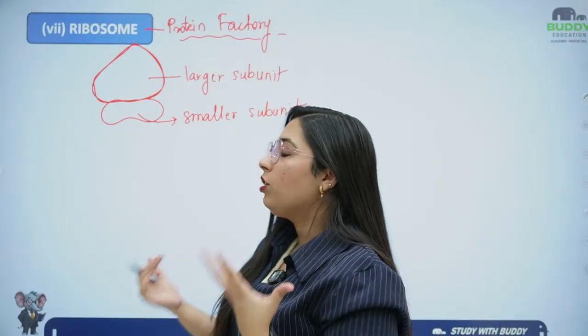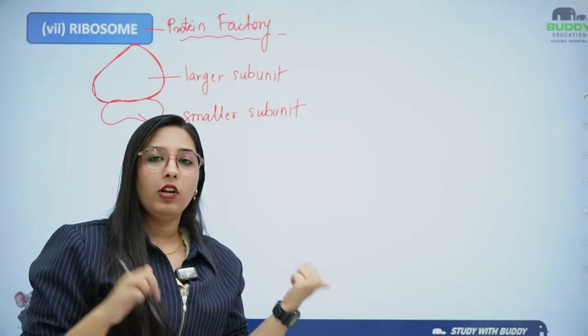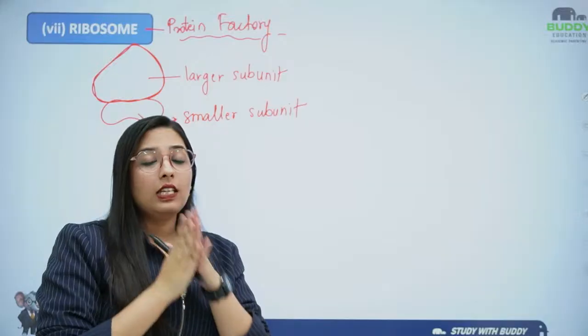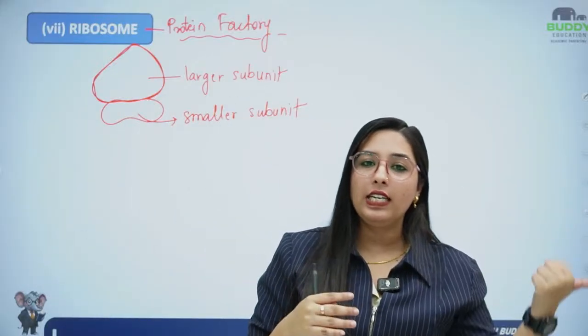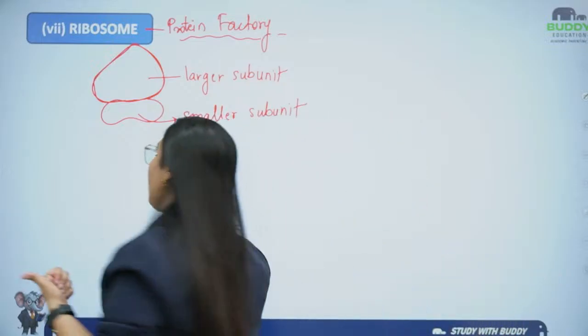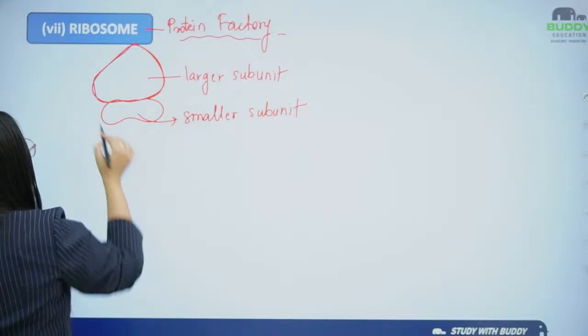Moving to the ribosome, I have two types of cells on the basis of nucleus, that is eukaryotic and prokaryotic. That is the reason I have two different types of ribosomes, 70S ribosome and 80S ribosome. First let's classify this ribosome.